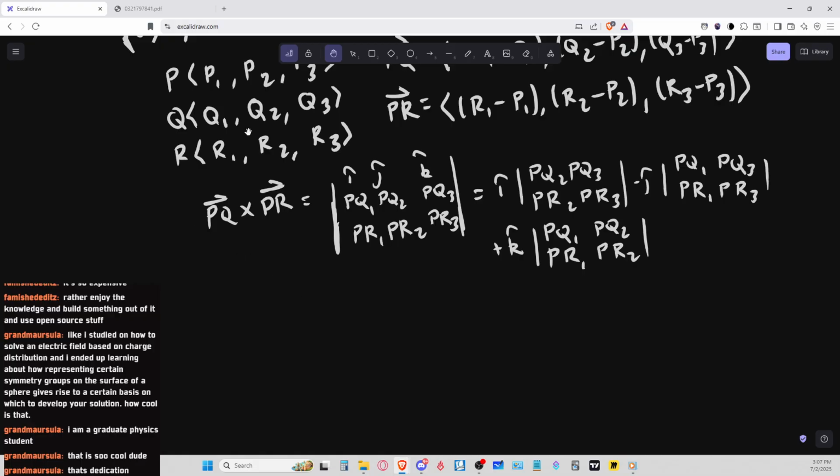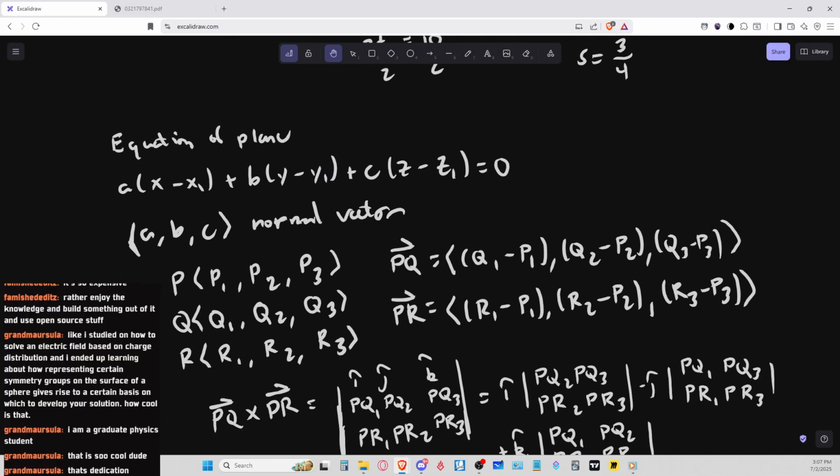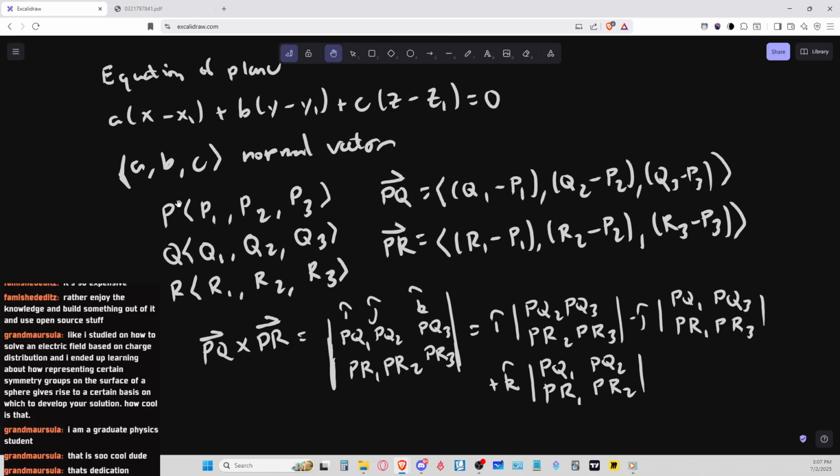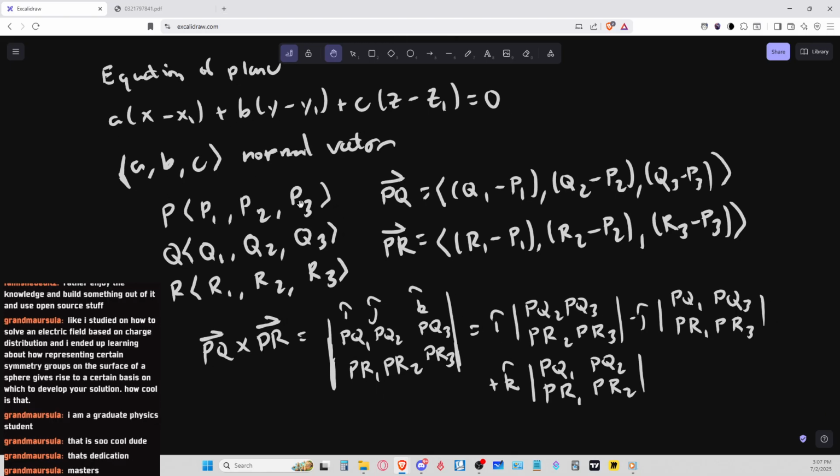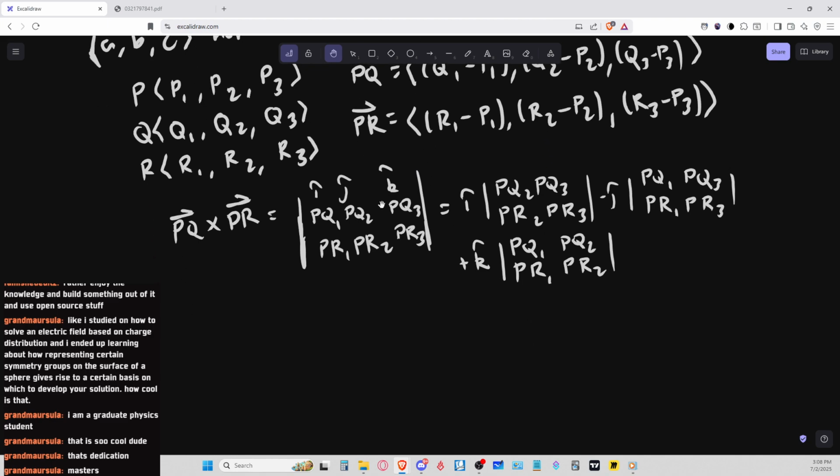So we have to do the cross product with this. We have the normal vector, so PQ. I'm guessing we're supposed to do this to get the normal vector, because the cross product is supposed to give the normal vector that goes perpendicular to both vectors.